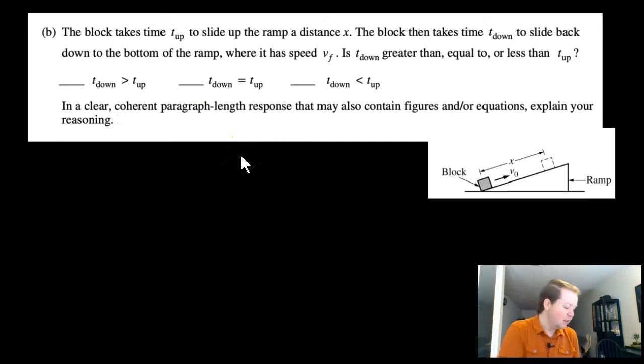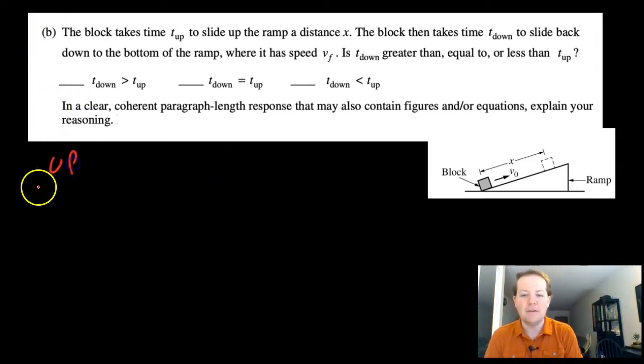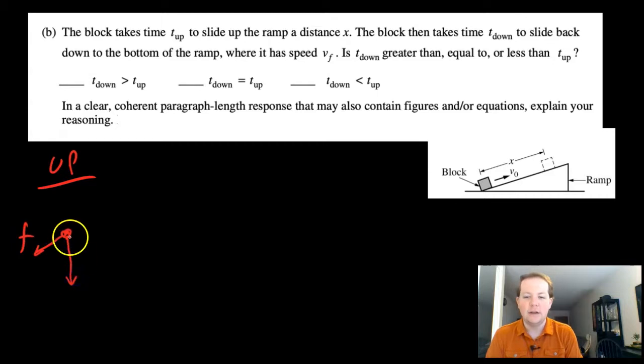Now the rubric has a couple different ways. They start out by describing the forces, and they use Newton's first law. On the way up, let me give a brief synopsis. If I'm looking at up and down the ramp, on the way up there is both friction and the component, right here, this is mg_x.